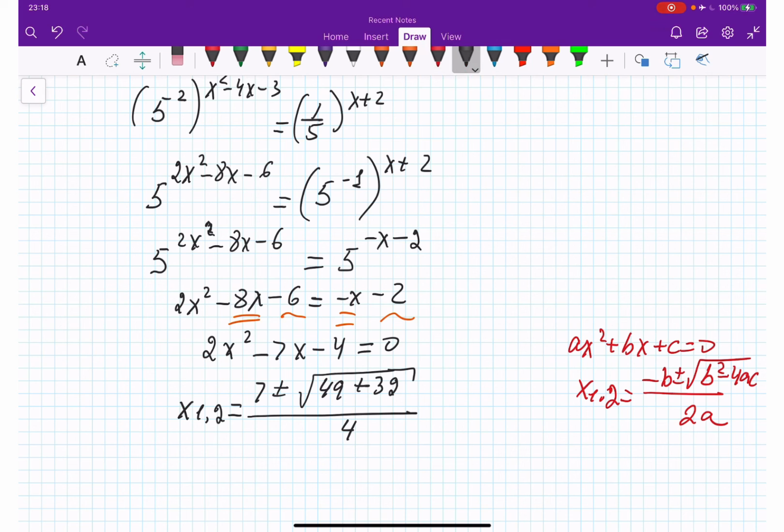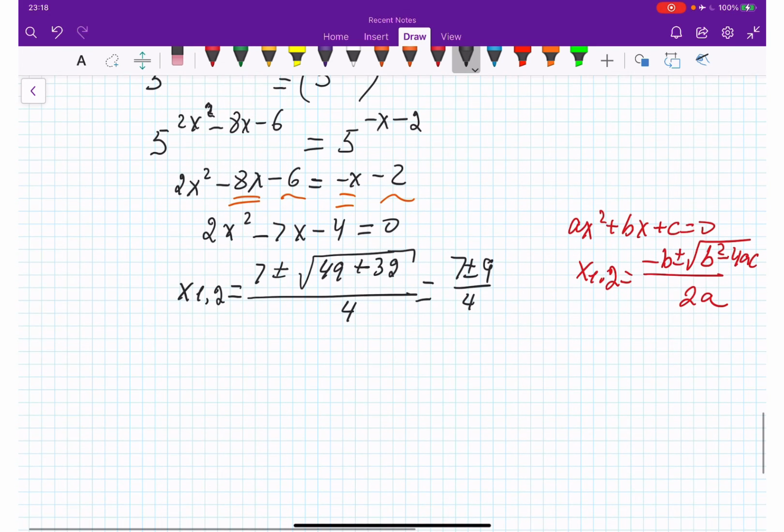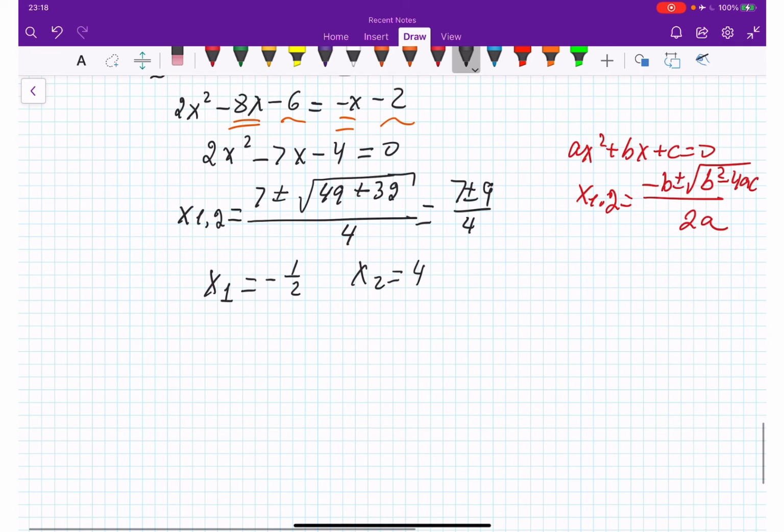Okay? So this is equal 7 plus minus 9 over 4. And we are getting x1 is equal negative 1/2 and x2 is equal 4. And those are going to be our answer. x1 is equal negative 1/2, x2 is equal 4.